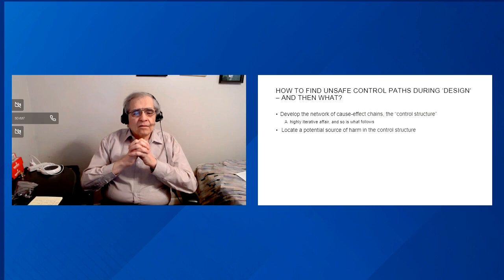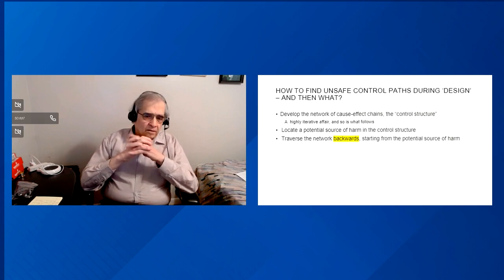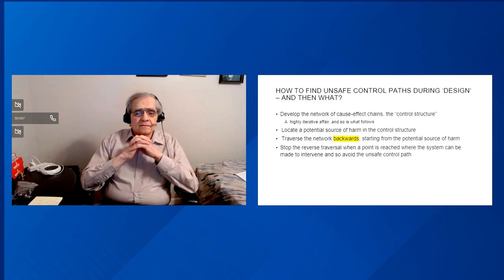In that control structure, locate a potential source of harm, then from that point, traverse the network backwards, and the emphasis is on backwards, starting from the potential source of harm. Stop that backward traversal when a point is reached in that network, in the control structure, where the system can be made to intervene and so avoid the unsafe control path.